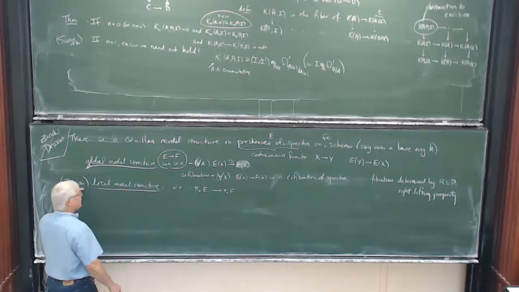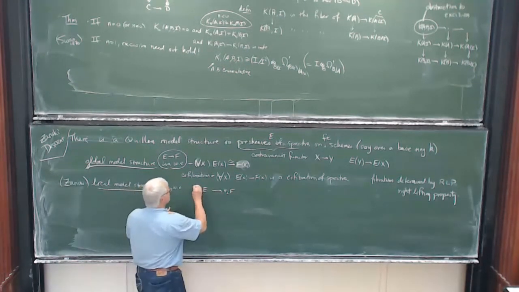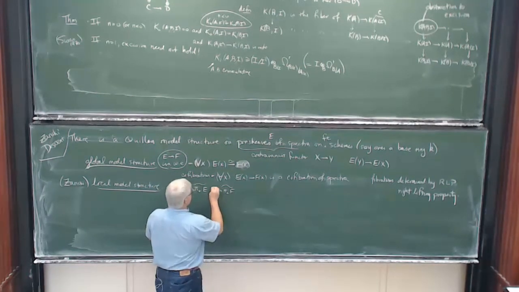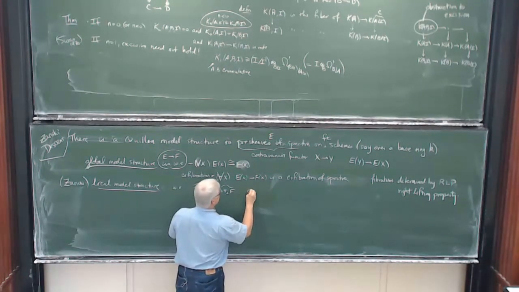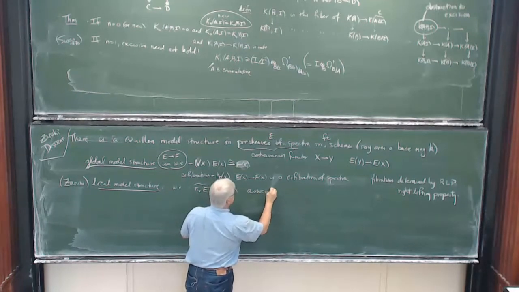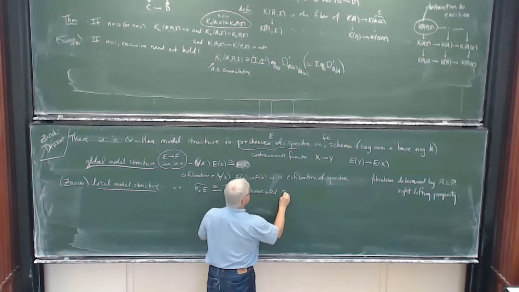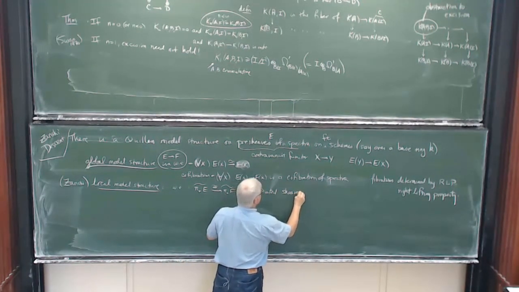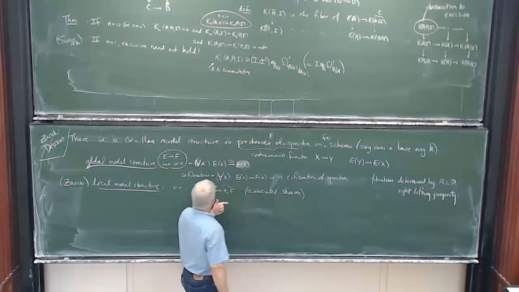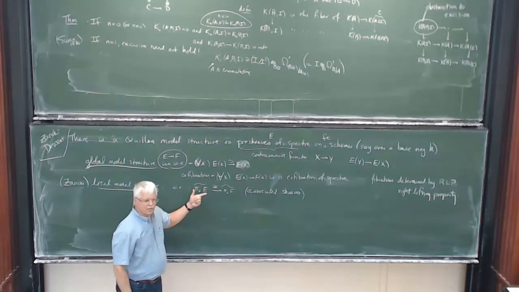But I'm trying to say something about the topology. And so I'm saying this is true for the associated sheaves. So the little tilde on that means to sheafify this presheaf to get a sheaf.